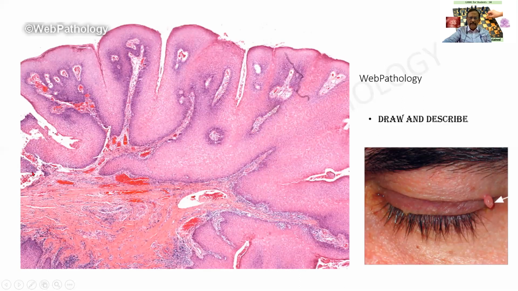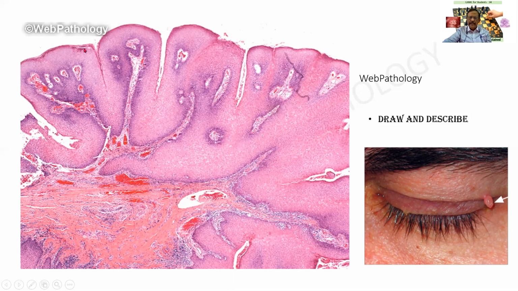As I had mentioned in the first slide, the tumor can be pedunculated or sessile. In this case, it is broad and it appears to be directly attached to the underlying surface. That is, it is sessile. And still I am able to see branching fibrovascular core that is going into the tumor.